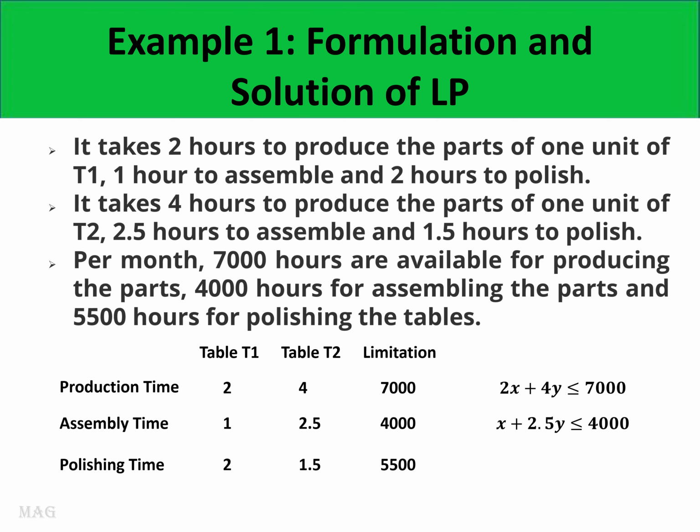Now, for assembly, the total assembly time will be 1 times X plus 2.5 times Y, which is less than or equal to the limit of 4,000 hours. While for the polishing, the total polishing time is 2 times X plus 1.5 times Y, which is less than or equal to 5,500. Now, the non-negativity constraints would be X and Y are both greater than or equal to 0.